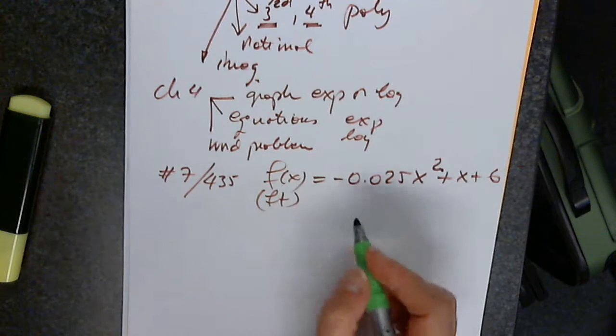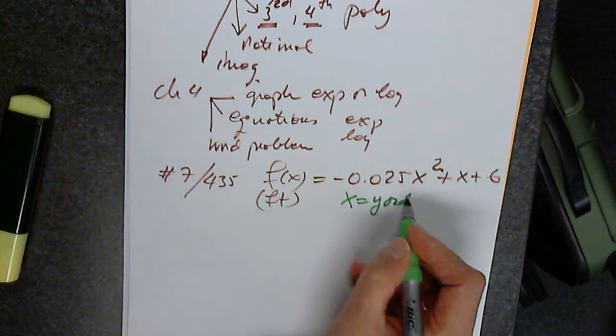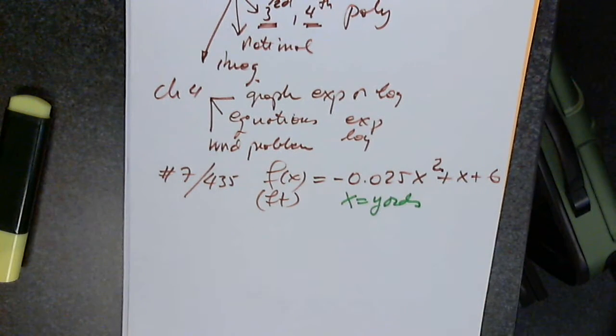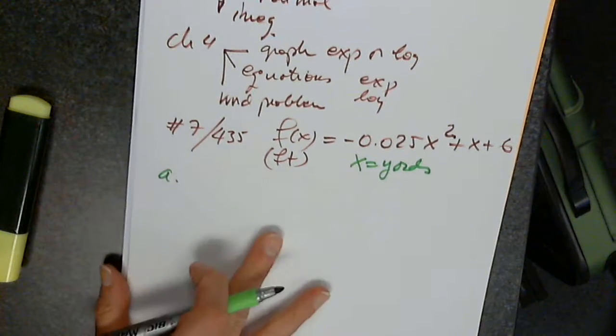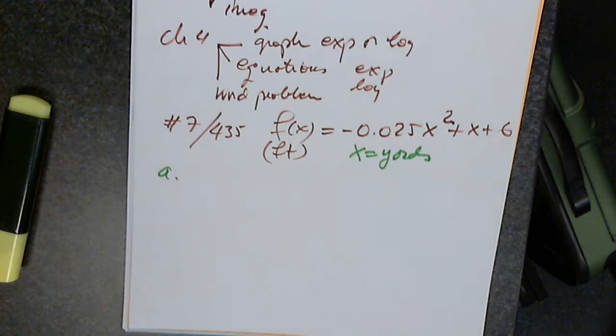So this is in feet, but x is in yards. Part A. What is the ball's maximum height, and how far from the quarterback does this occur?